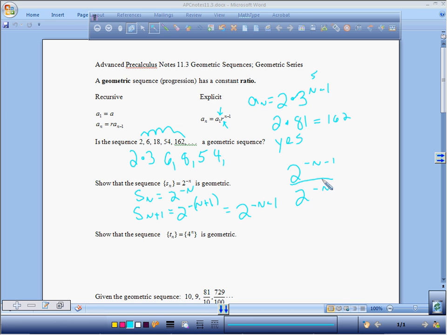What do I do with these exponents to simplify that? Subtract them, okay? So I'm going to go minus n minus minus n. What's minus n minus minus n? Or minus n plus n, really? 0, right? So when I subtract, I get 2 to the 0. What's minus 1 minus nothing over here?